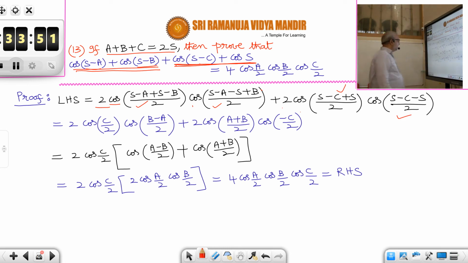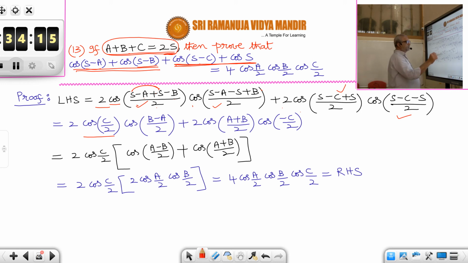Okay. Now let us simplify. What is in the bracket here? S plus s, 2s minus a minus b. A plus b plus c is equal to 2s. Therefore, 2s minus a minus b is just c only. So c by 2, so 2 cos c by 2.